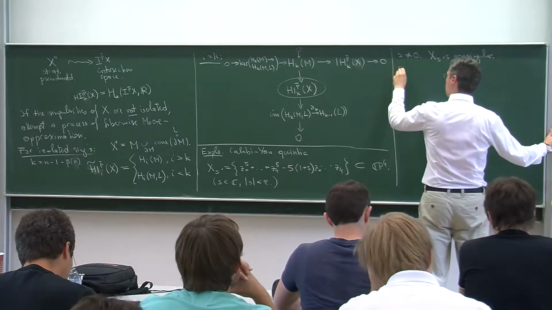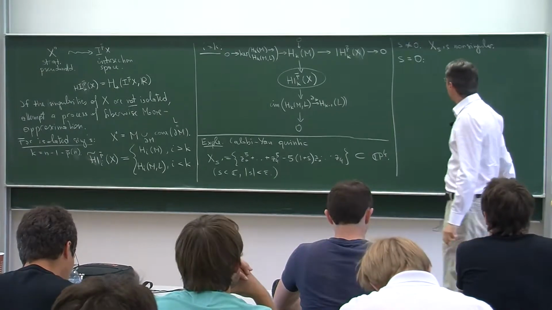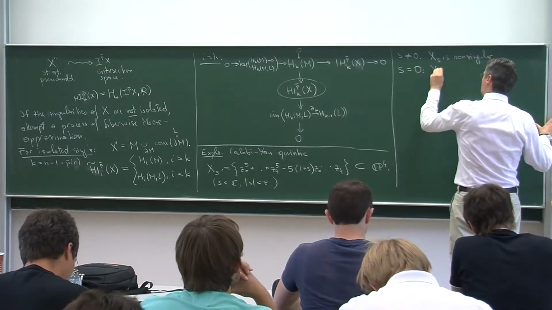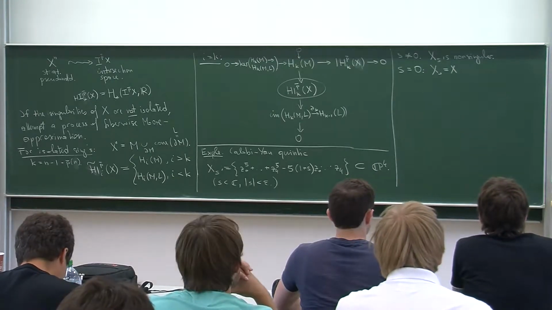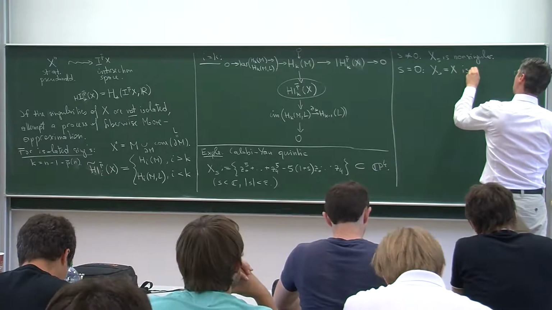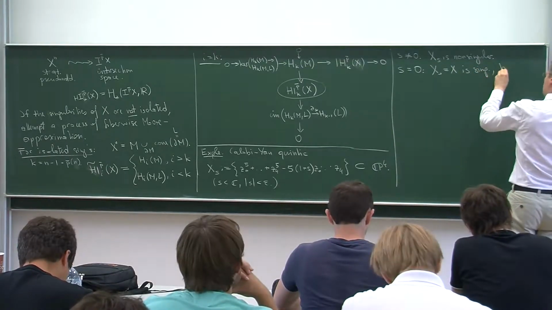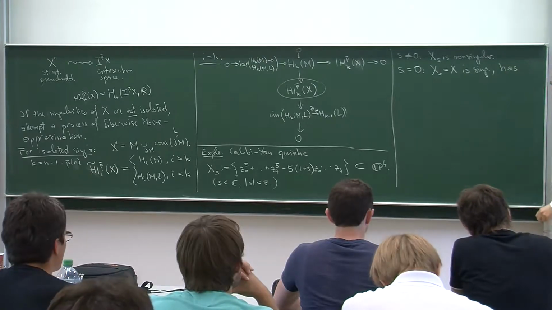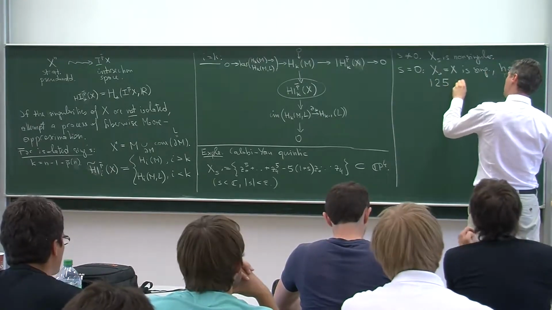However, when s approaches 0 and then finally becomes 0, this variety X_0, which I'll also sometimes simply write as X, is now the singular variety. And in fact, again, a calculation shows that it has precisely 125 isolated singular points.